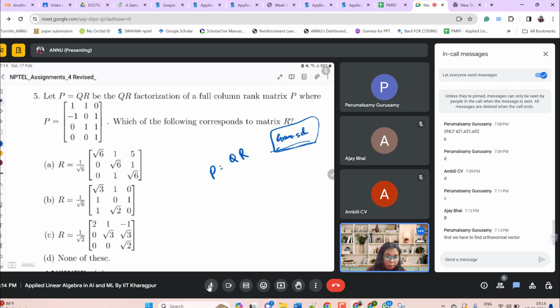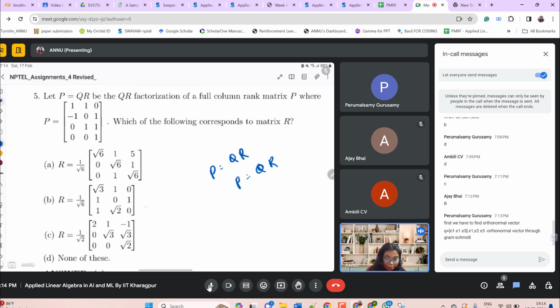I think you are using the Gram-Schmidt criteria only. But the easy way to check is P equals QR. So this should be upper triangular for sure. Okay, so this is not upper triangular, this is upper triangular, this is upper triangular. Now we have to check these two. Okay, orthonormal vectors should be there.